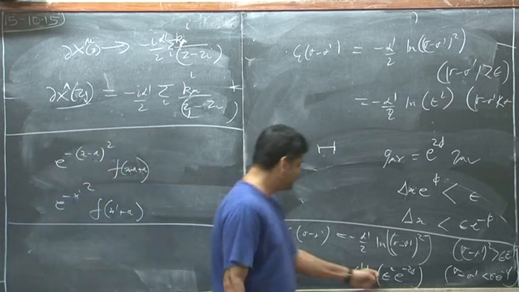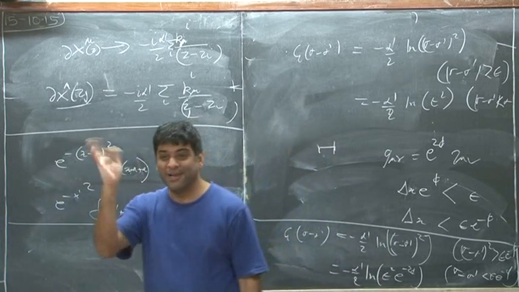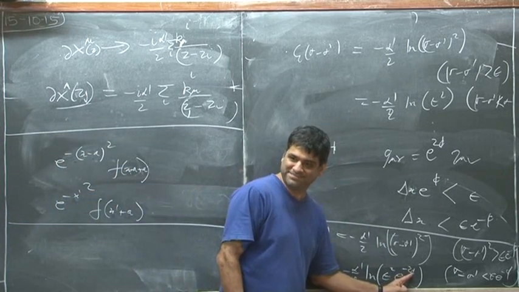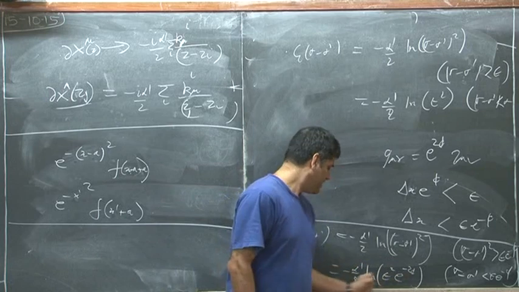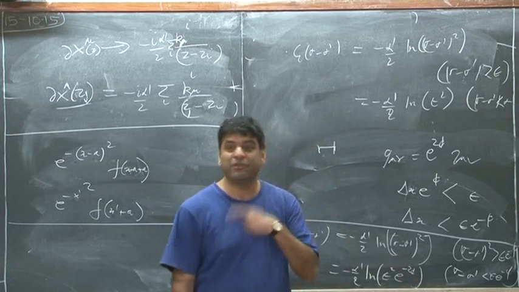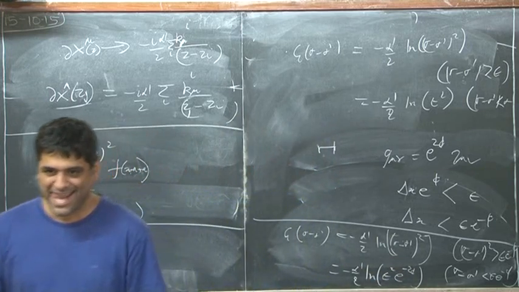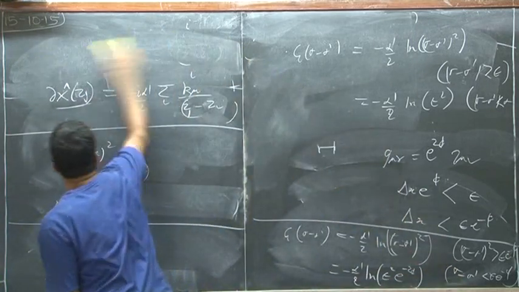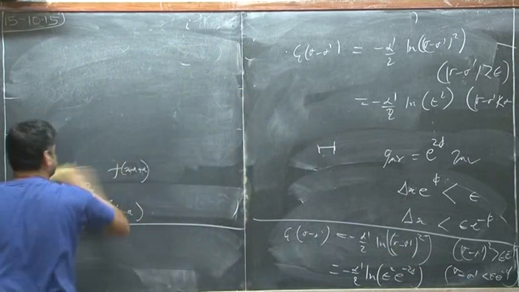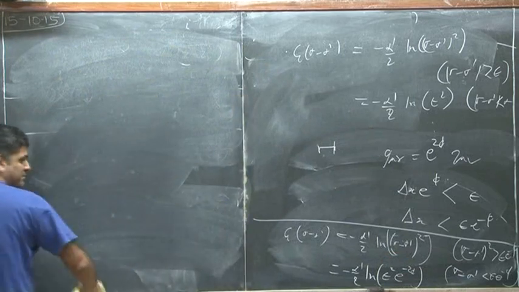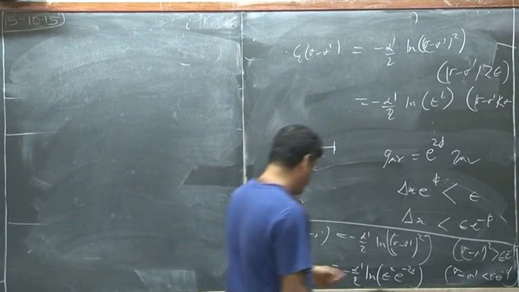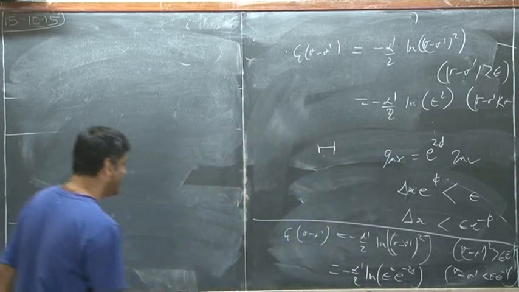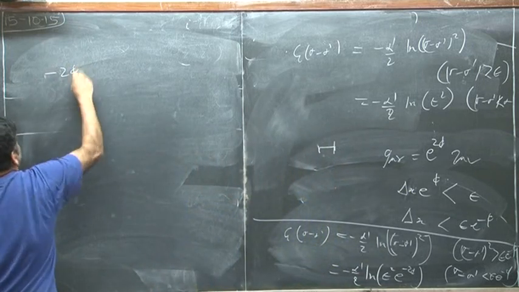So, now you've got some log epsilon squared which you can renormalize. But you've also got some Weyl factor dependence. Let's keep track of it. Log of e to the power minus 2 phi is just minus 2 phi.